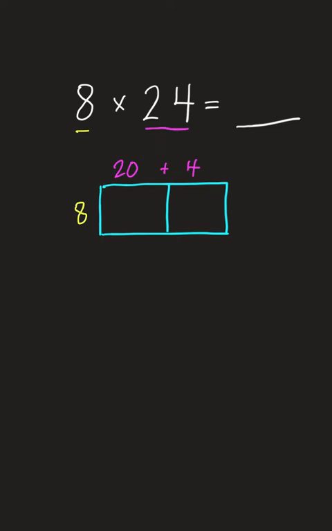Now that I have my numbers in place, I can multiply, starting with the 8 times 20. 8 times 2 is 16. Then I bring the 0 down to make 160. My next step, I'm going to multiply the 8 times the 4. 8 times 4 is 32. Now that I have my 2 partial products, 160 and 32, I'm going to come over to the side and add those together.